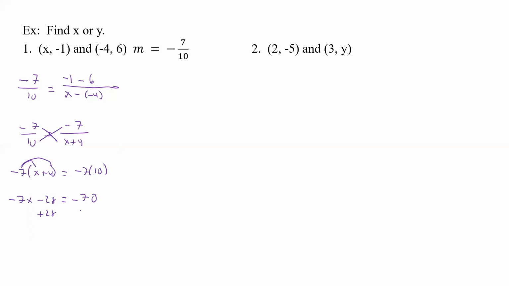Now we'll add 28, and negative 7x is equal to, and so now we have to borrow, so that's a 6, that's a 1, so we have a 2, and that's a 4, and it's going to be a negative, and so divide by negative 7, x is equal to 6. So what we saw already, because we set that equal, we found 6, and this is doing it the long way, doing the cross product. Again, that's just in case you don't know what it is.